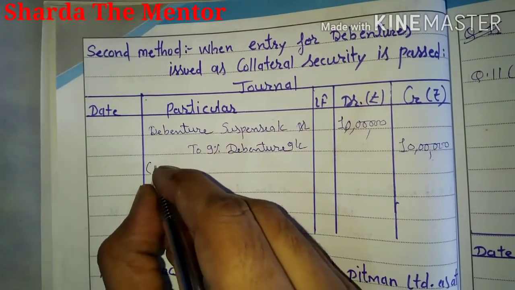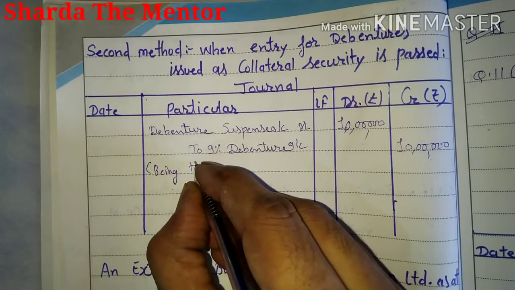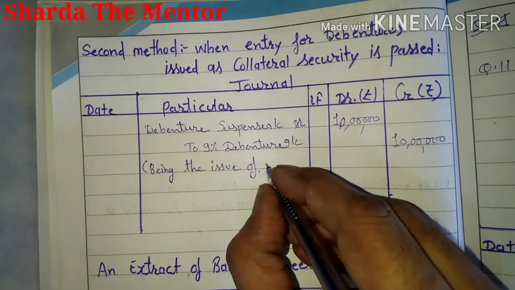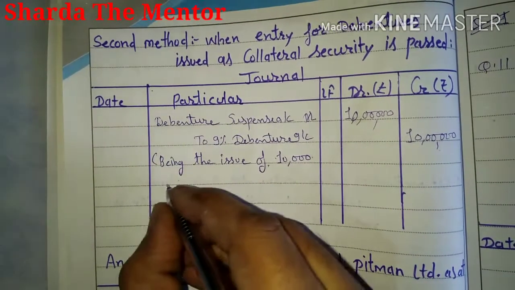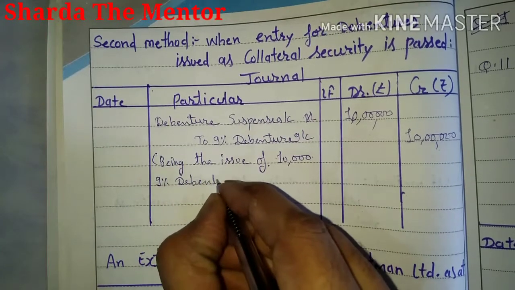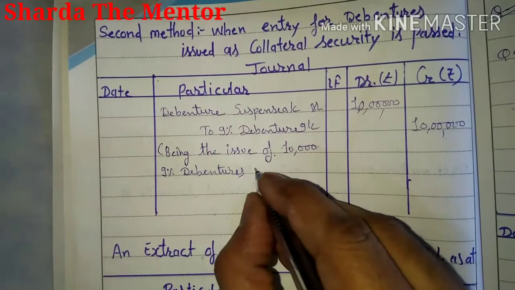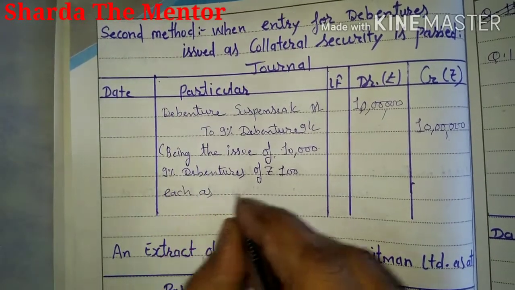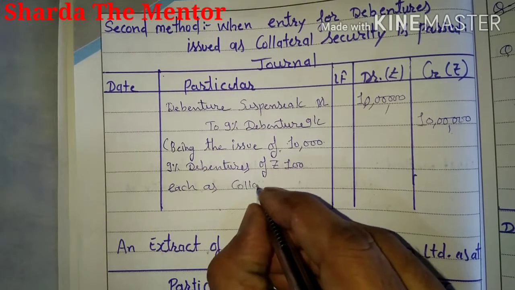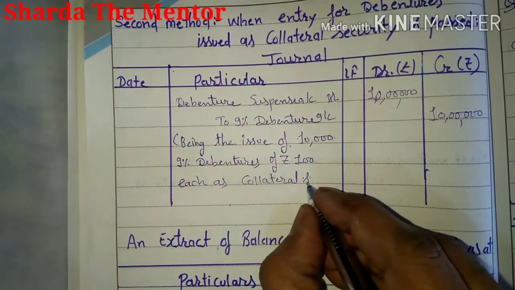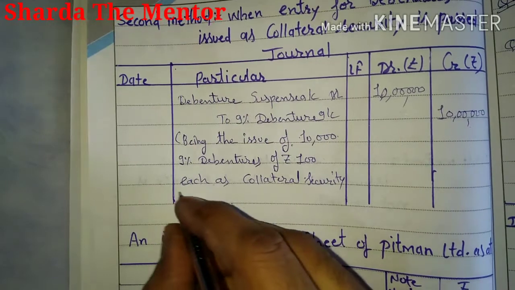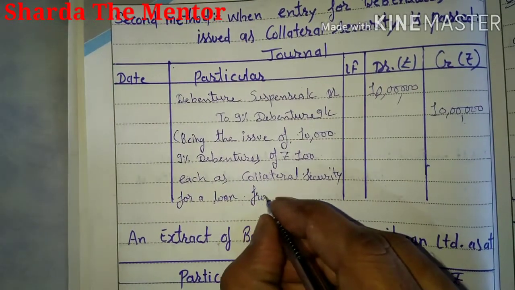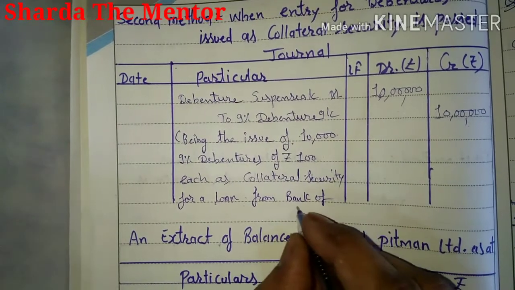So here in the narration you will mention: being the issue of 10,000 9% debentures of rupees 100 each as collateral security for a loan from Bank of Baroda.